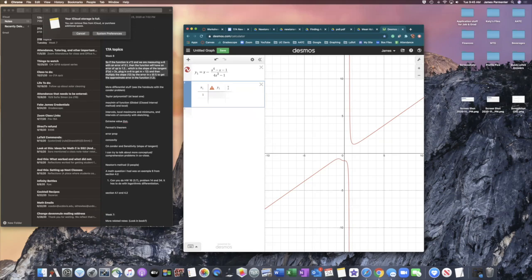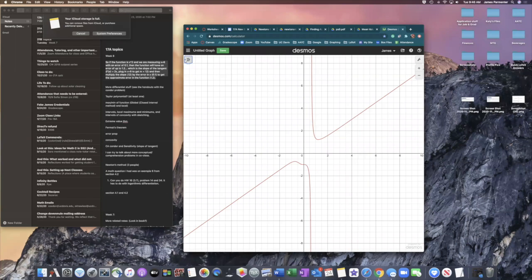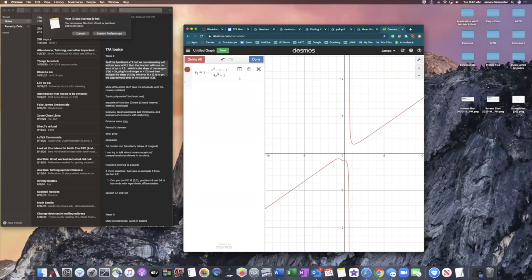Too many variables. Try defining x. Well, anyway, the point I was trying to make is that I've definitely done this on the graphing calculator before. No, that's not what I want to do.